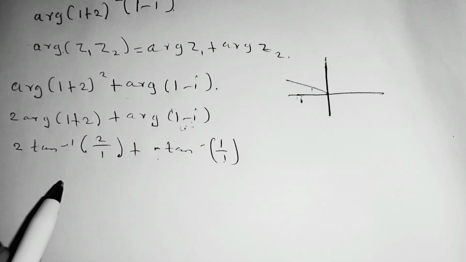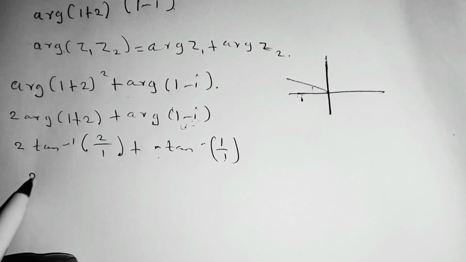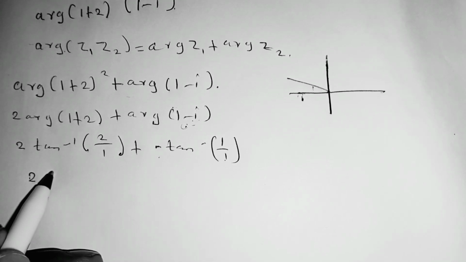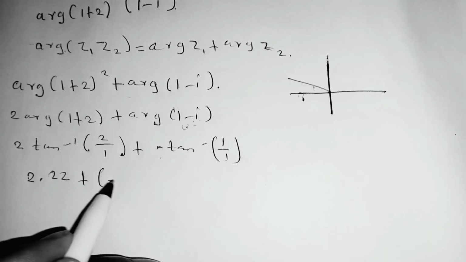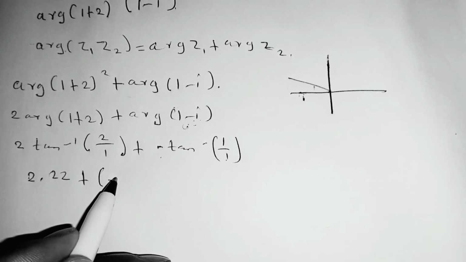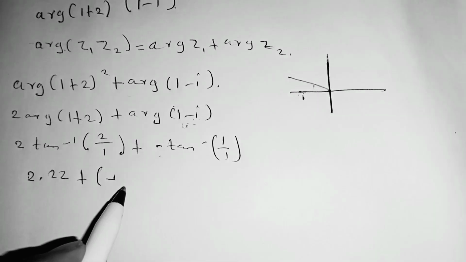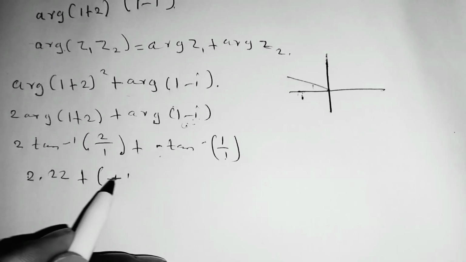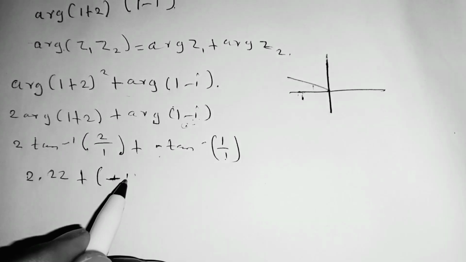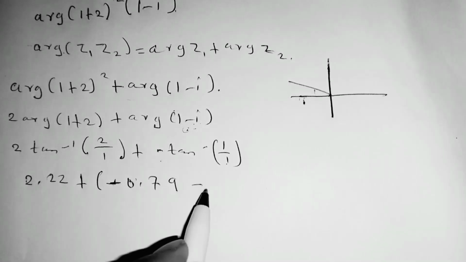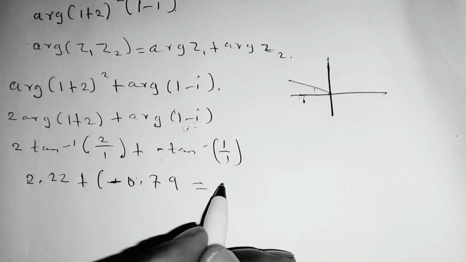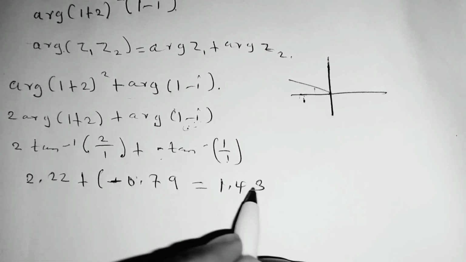Now, we are going to obtain this one will be 2.22 plus, in bracket, negative of this one here, we are going to get a negative of 0.79, which is the same as 1.43.